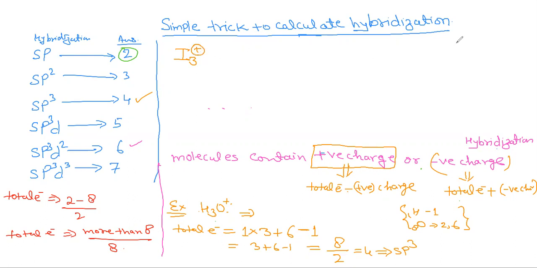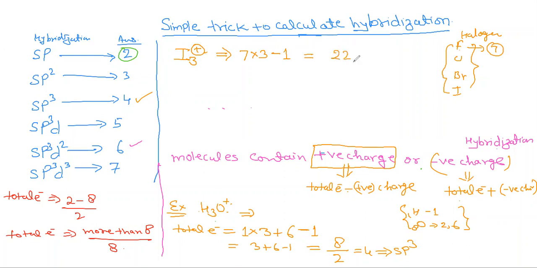Iodine, you people know, is in the halogen group: fluorine, chlorine, bromine, iodine. These are the halogen group, so it contains 7 electrons in the last shell. All elements of this group contain 7 electrons. That means 7 into 3, and it is carrying the positive charge, so positive charge means minus 1. So now you get the answer 22.